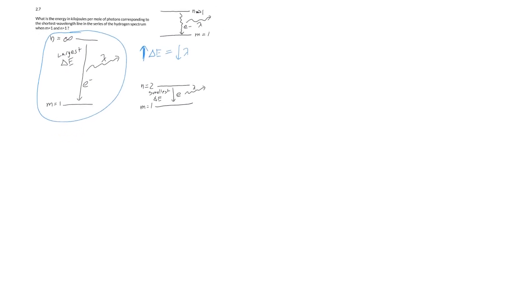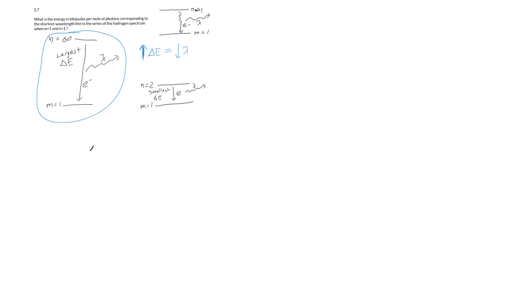Now that we know that we're looking for n equals infinity to m equals 1, we just have to know what formula to use. We're just going to use the same Rydberg formula that I gave you in class. And this is one of the advantages of listening to my lectures as opposed to reading your book, because your book's version of Rydberg is terrible. They deal with that inverse wavelength, whereas everybody else on the face of the planet gives you energy.